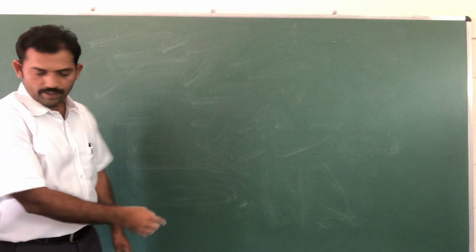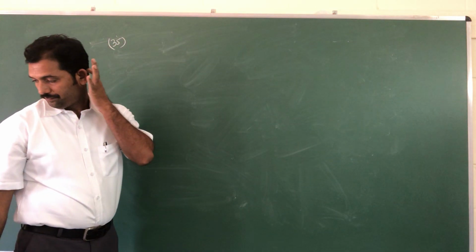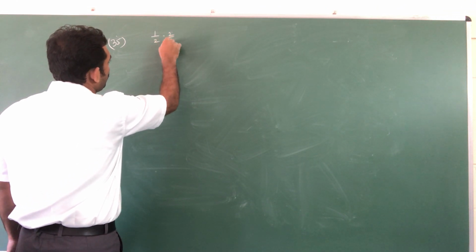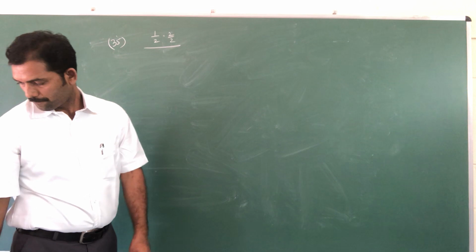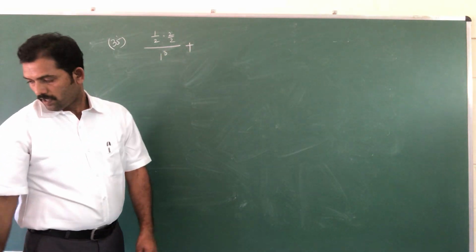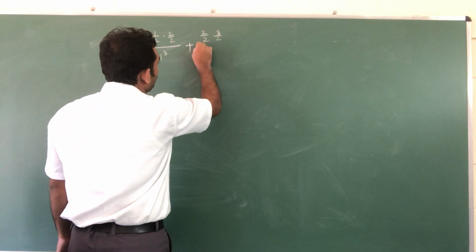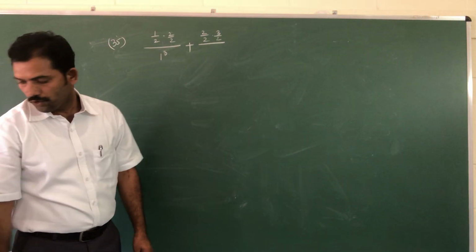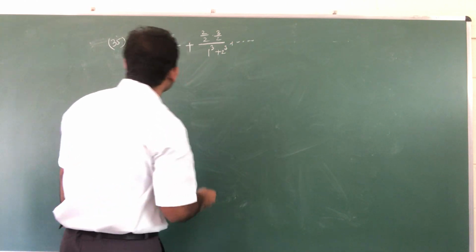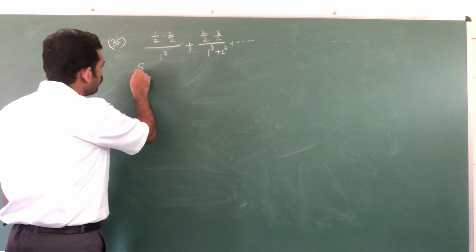Next one, question 35. The series is (1/2)(2/2) divided by 1 cube, plus (2/2)(3/2) divided by 1 cube plus 2 cube, and so on. Options are given.